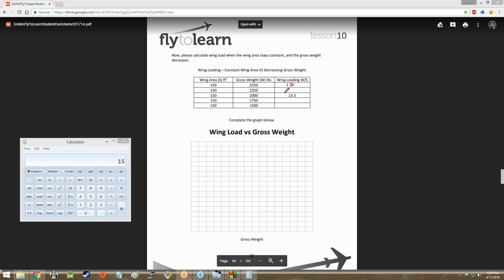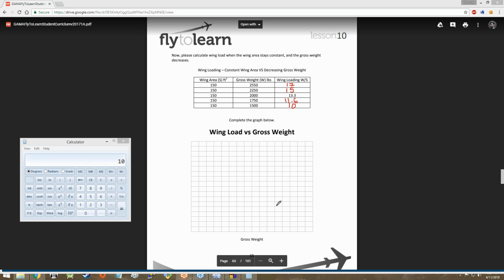I know this is all terribly thrilling right now. And then we've got 1,750 divided by 150, which gives us 11 2/3. We'll say 11.6. And 1,500 divided by 150, which is going to give us an even 10.